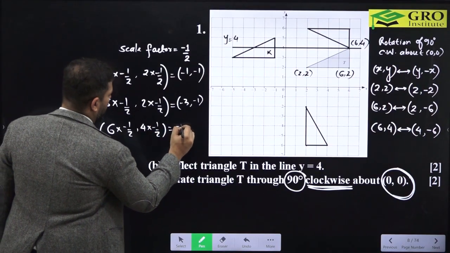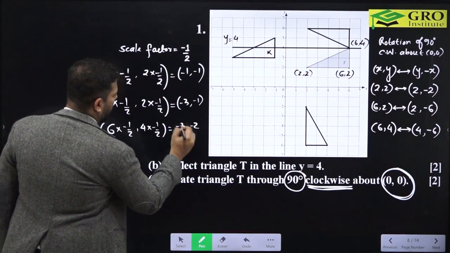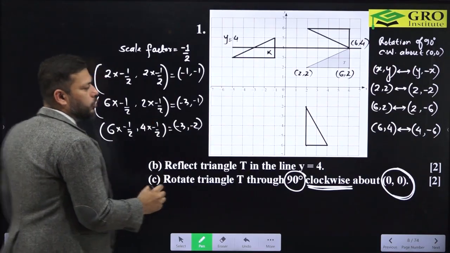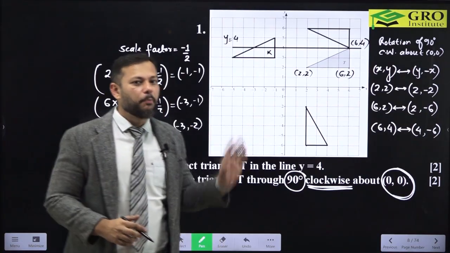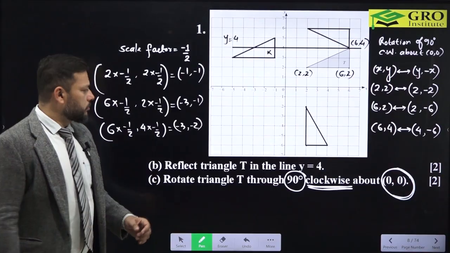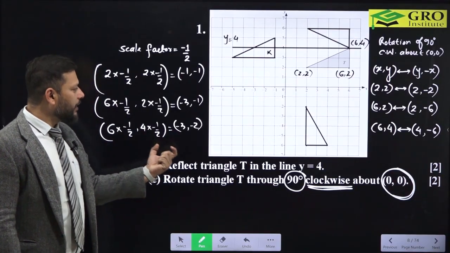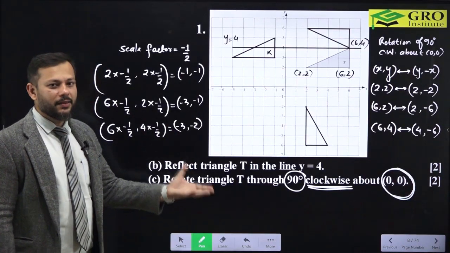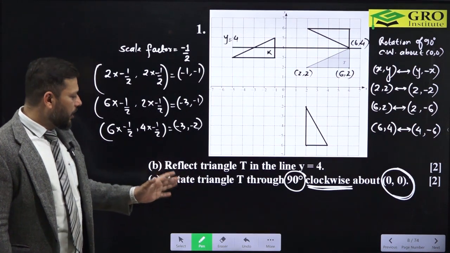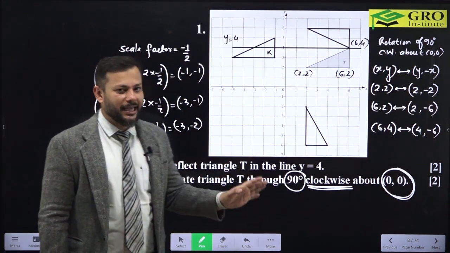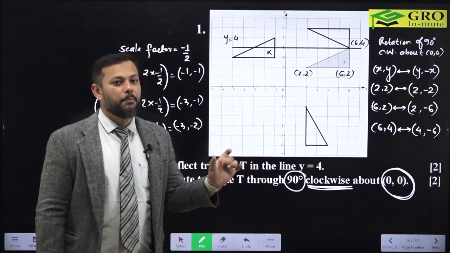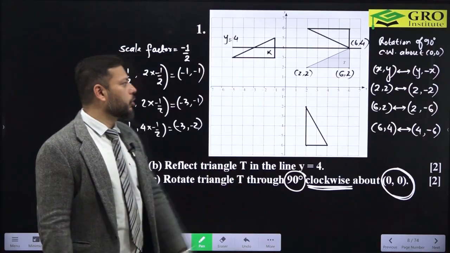So it will be minus 3 comma minus 2, right? These are the points that we need to plot, and then we will get the triangle which is enlarged by the scale of minus 1 by 2 about the center 0 comma 0.